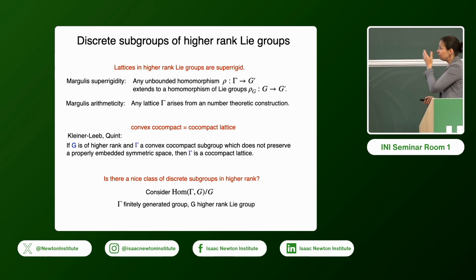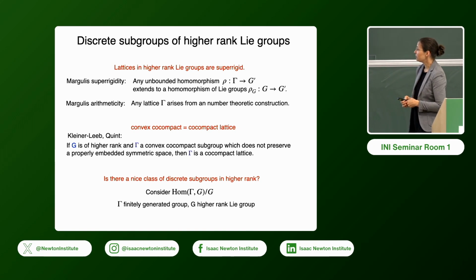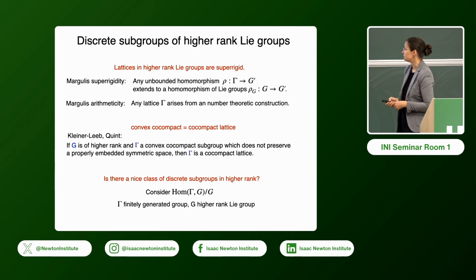So now what I want to tell you a bit about is the development of this theory of Anosov representations, which were introduced by François Labourie about 20 years ago. They give you a really nice class of discrete subgroups, which have all the features of convex co-compact subgroups in rank 1, but in the higher rank setting. And there are plenty of them.